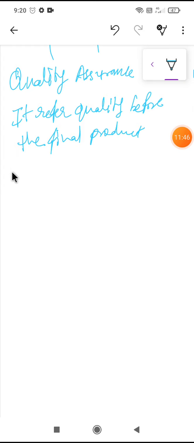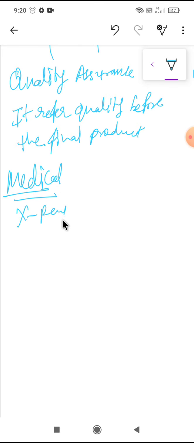So you'll see its use in various fields. First is the medical industry. Quality assurance is very important in the medical field because it helps to identify the standards of medical equipment and services. Hospitals and laboratories make use of external agencies to ensure the standards for equipment such as X-ray machines, diagnostic radiology, AERB.